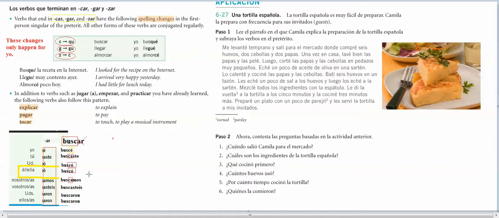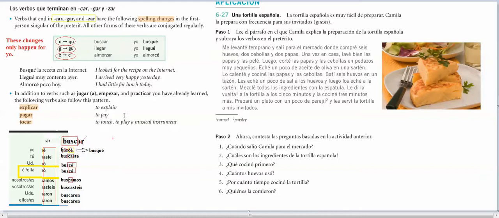And to get that busqué, I have to make a spelling change because C isn't going to give me that. So what you really would want to write is change your C to a QU, and then that gives me busqué. So I'm actually going to do that instead.